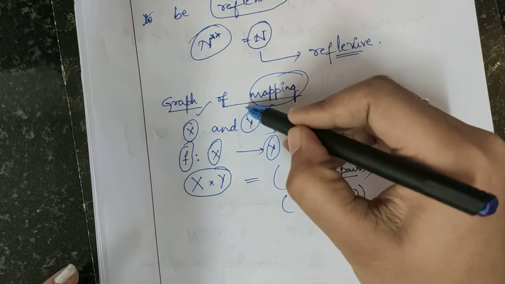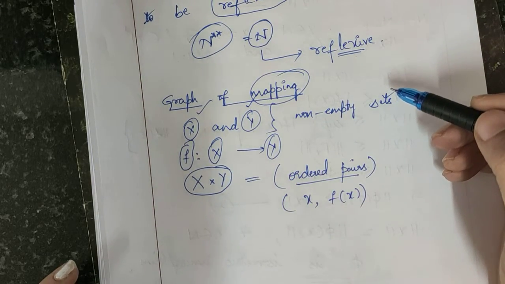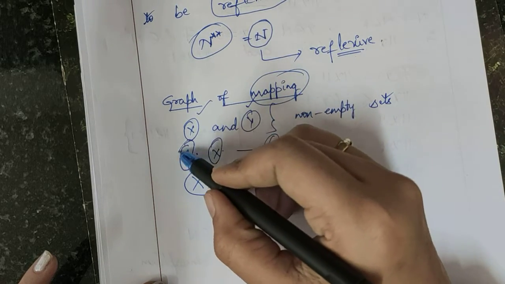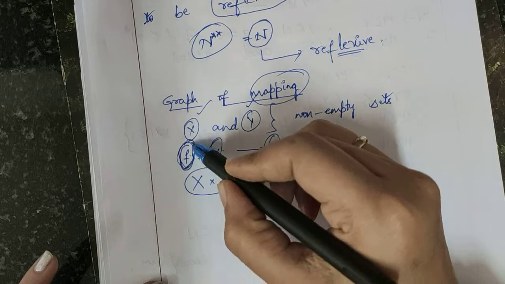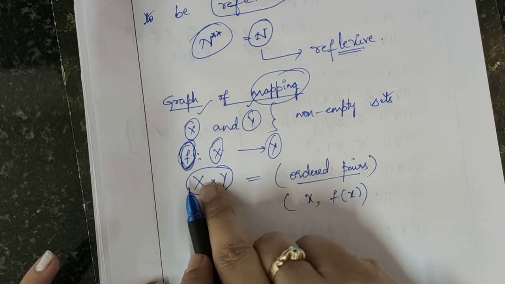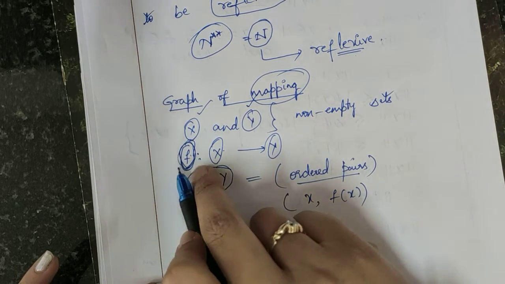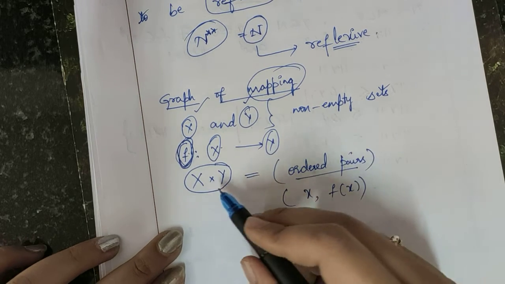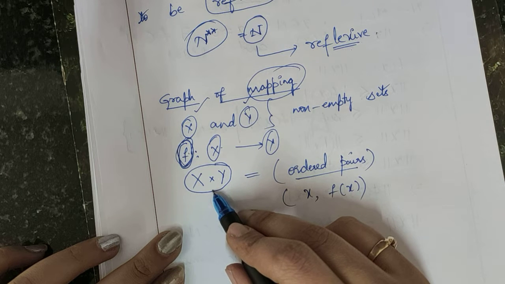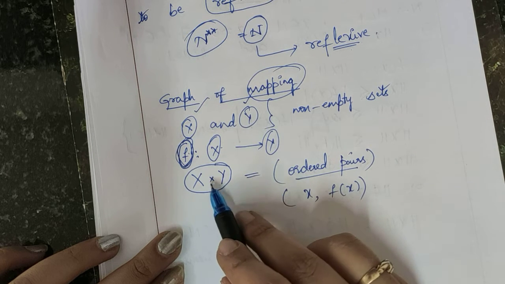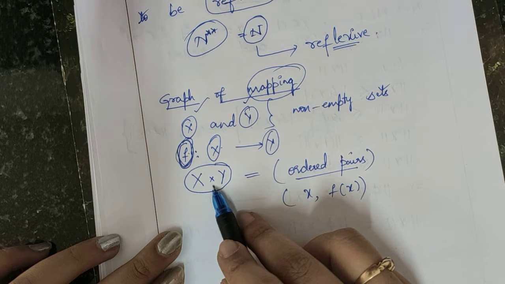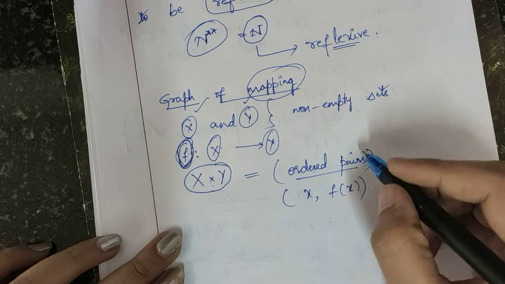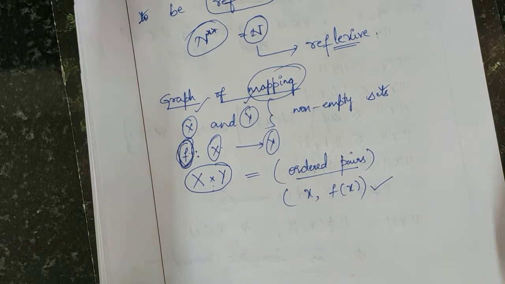We are considering two non-empty sets, X and Y, and the mapping is f from X to Y. Now, the graph of f is defined in the form of X cross Y. We know that X cross Y consists of ordered pairs of points, and those ordered pairs will be in the form of x comma f of x.